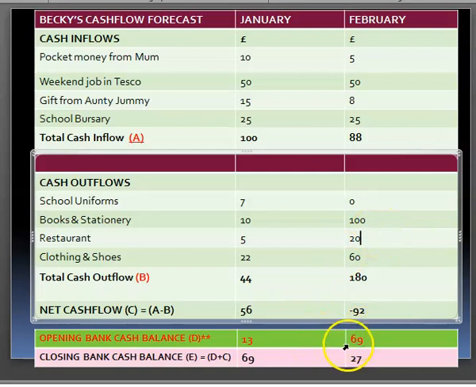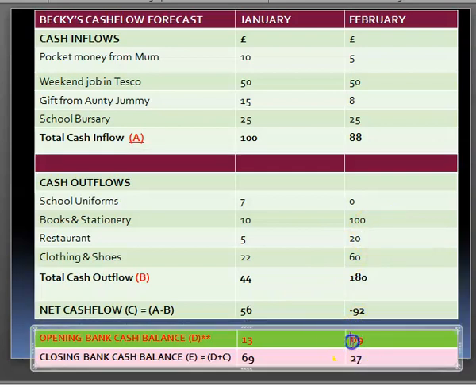But already in your bank account, you have your closing balance, which becomes your opening balance for February, which is £69. So to get your closing balance, we're gonna do £69 plus minus 92. So let's see what we get.